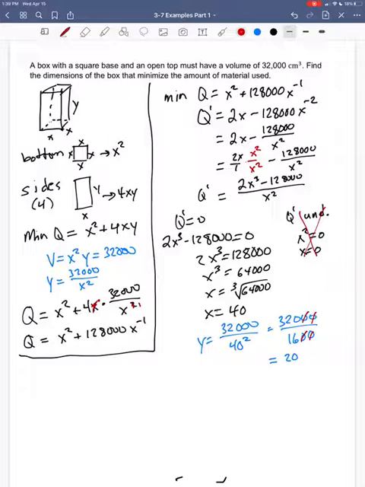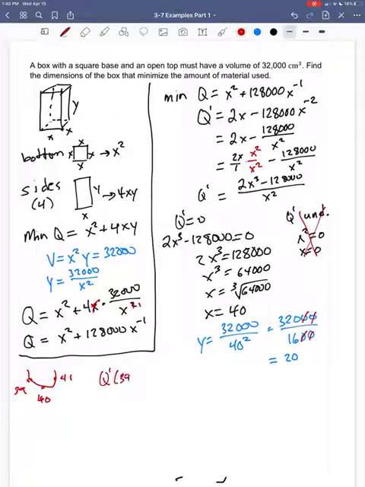There is a question, do we really know that I have a minimum? For it to be a minimum, this critical number of 40 would have to be at the bottom. So if I plugged in 39 or 41, I would expect to have values a little bit bigger than that. I can check that out by looking at Q prime.